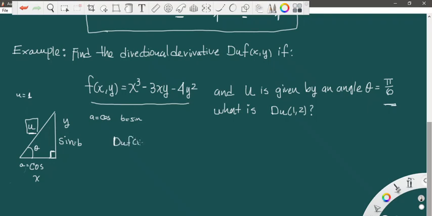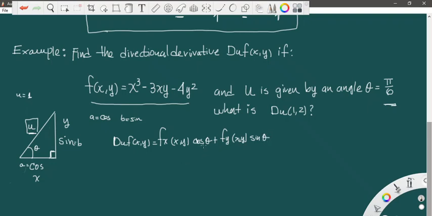Okay, so if we rewrite that, we will come up with this, which is capital D sub U, the directional derivative of this function of x comma y, which is going to be equal to the partial derivative with respect to x evaluated in this, times the cosine of theta, plus the partial derivative with respect to y evaluated in this, times the sine of theta.